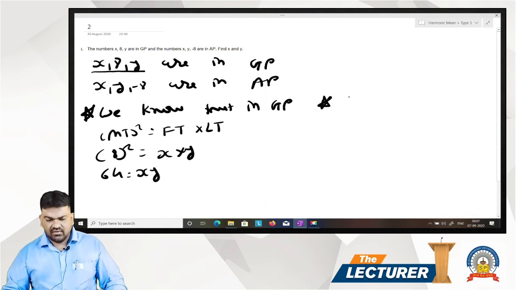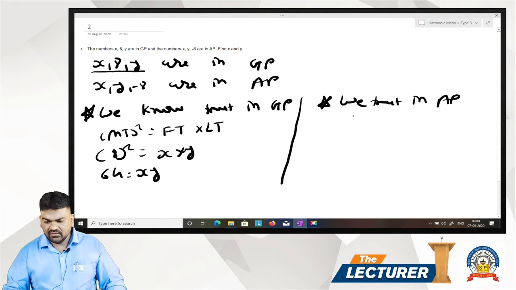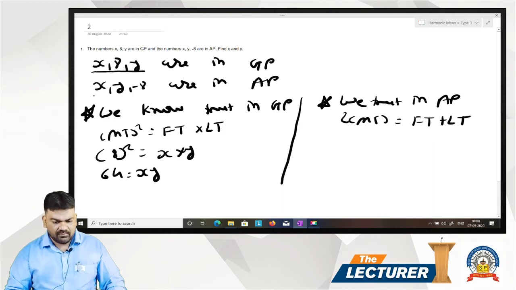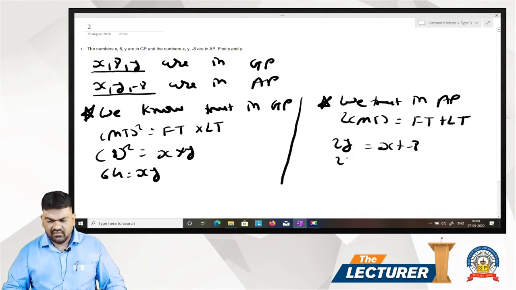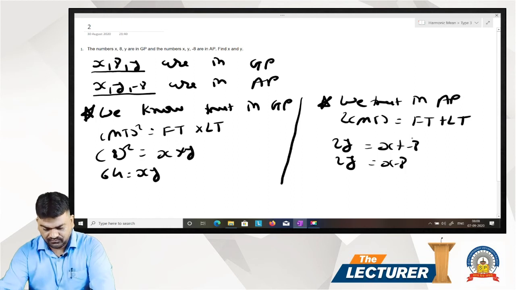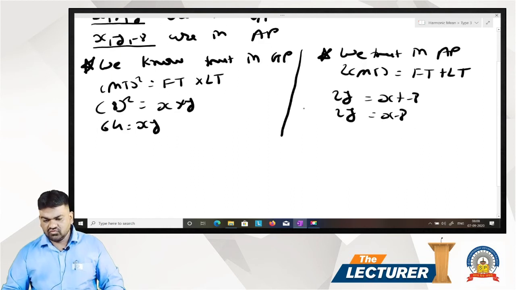Now we know that in AP, 2 multiplied by middle term is equal to first term plus last term. What is the middle term? y. 2y is equal to x plus minus 8, so 2y is equal to x minus 8. So 2y plus 8 is equal to x.